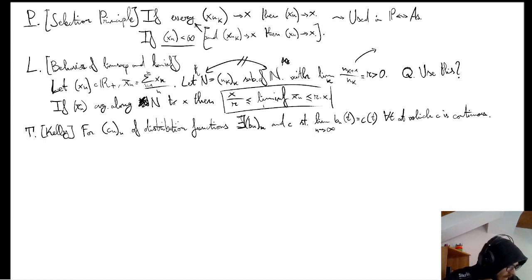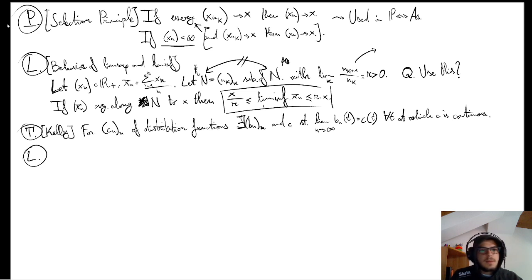And we have another lemma now, which is named after Kronecker, the same Kronecker of the Kronecker delta.